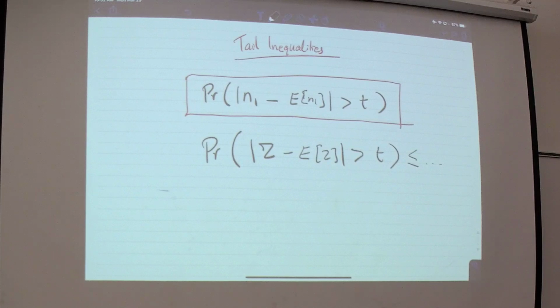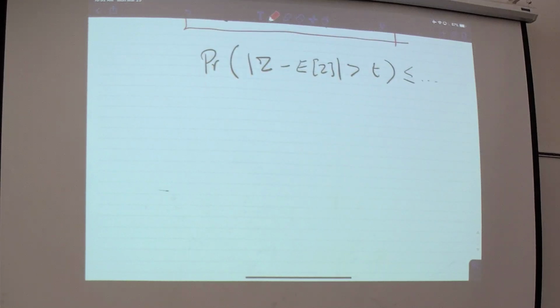So let's start with a very basic assumption. We don't know anything about the random variable. All we know is that it's non-negative. Which leads us to something called the Markov Inequality.